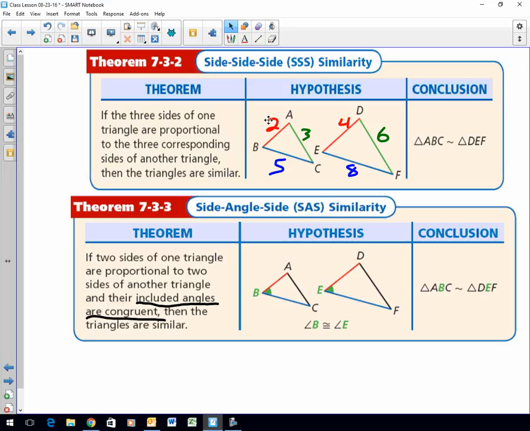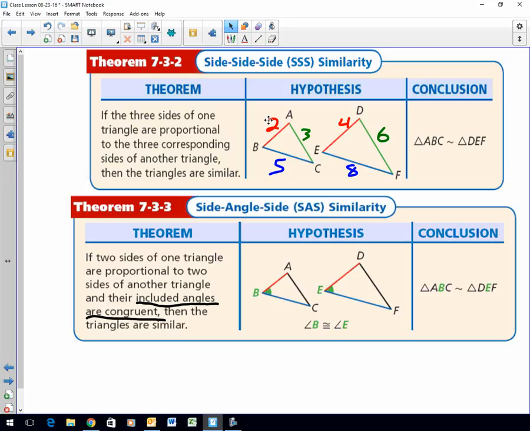If 2 of the angles are congruent, I use the angle-angle similarity theorem. In this situation, though, I've got 2 proportional sides and their included angle. When it says included angle, it means the angle between them, the angle that they share.